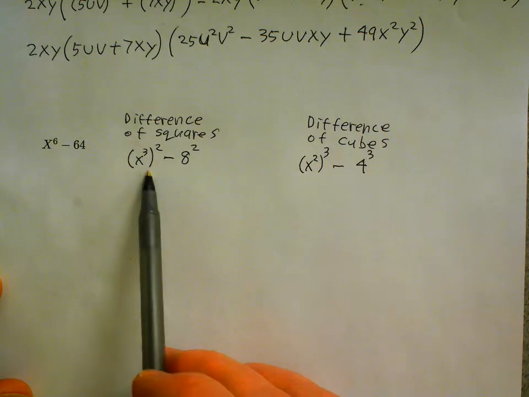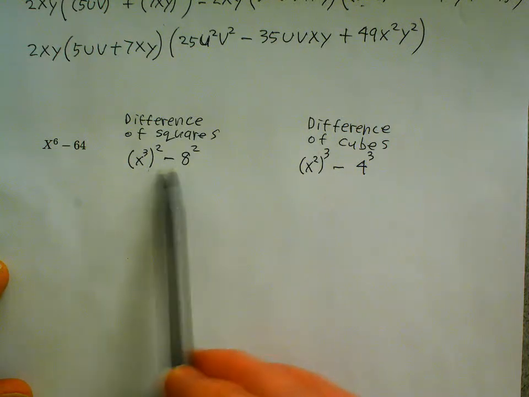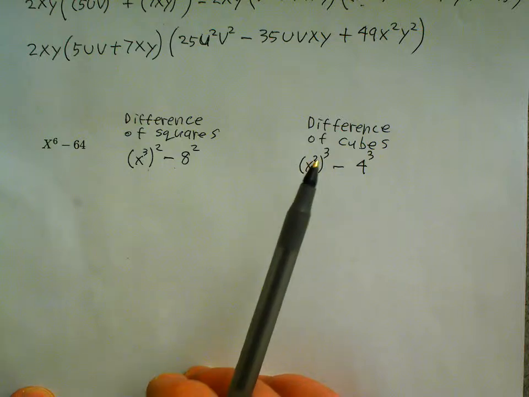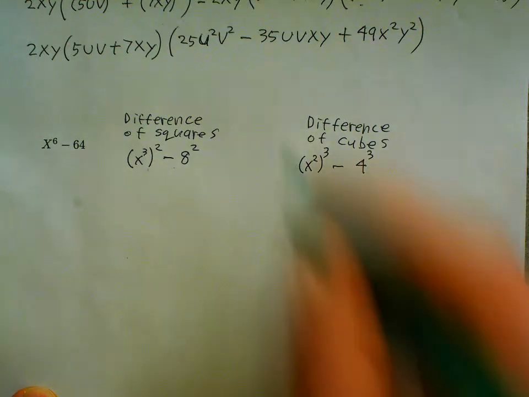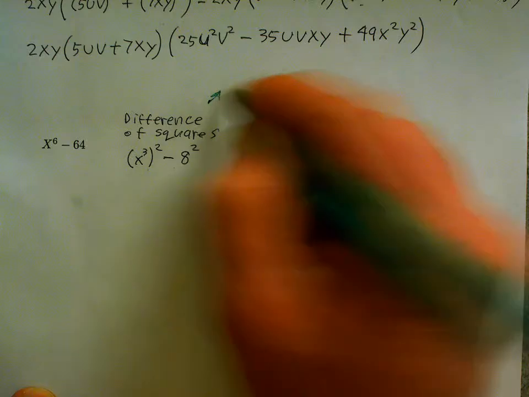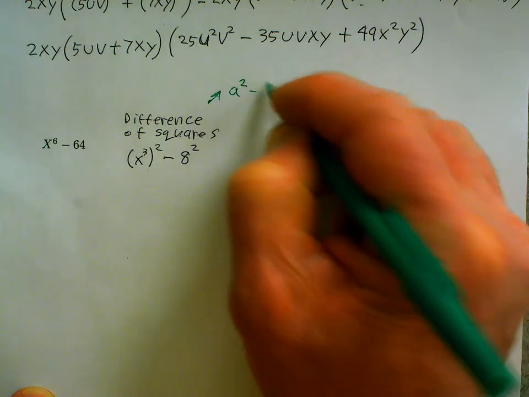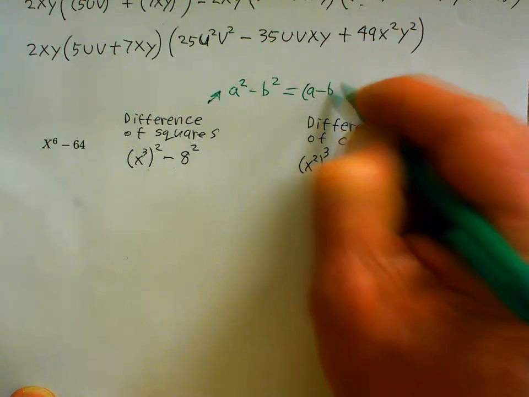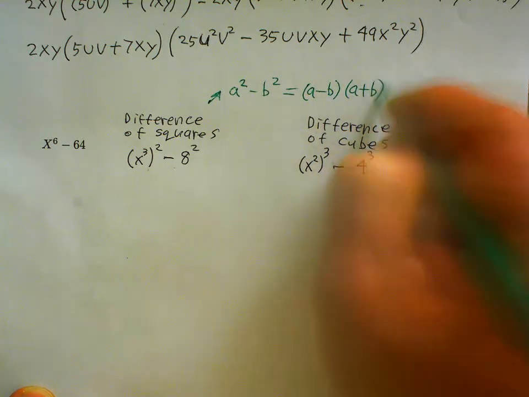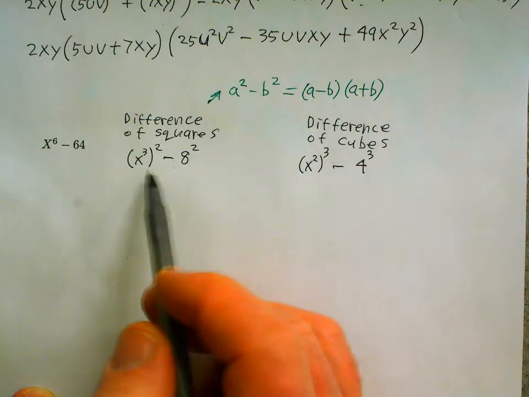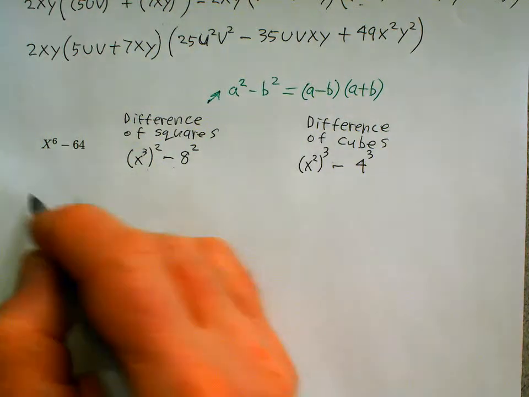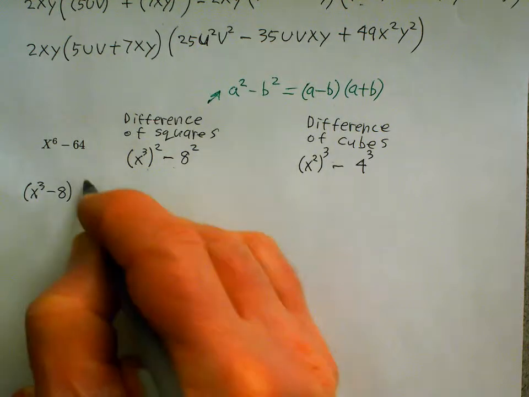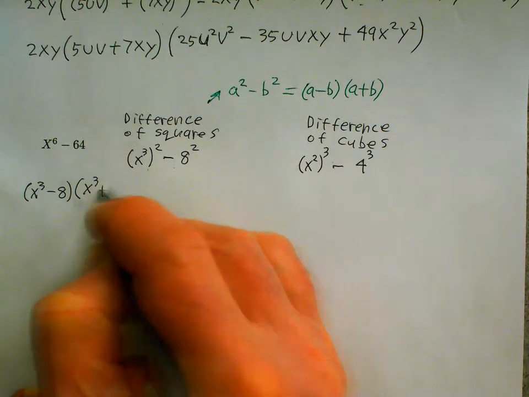Okay, let's start out with the difference of squares. So just a reminder, if you have a to the second minus b to the second, one of the factors is a minus b, and the other factor is a plus b. So on this one, we have x to the third minus 8 times x to the third plus 8.